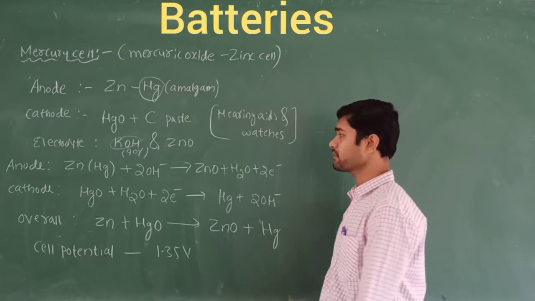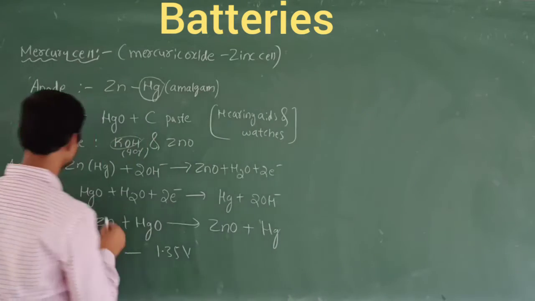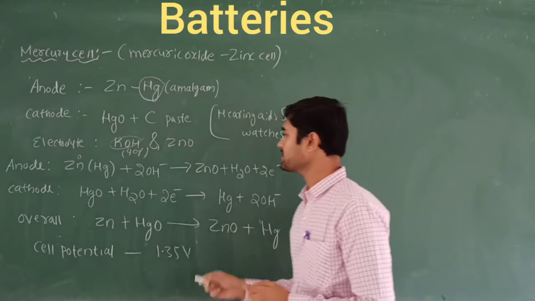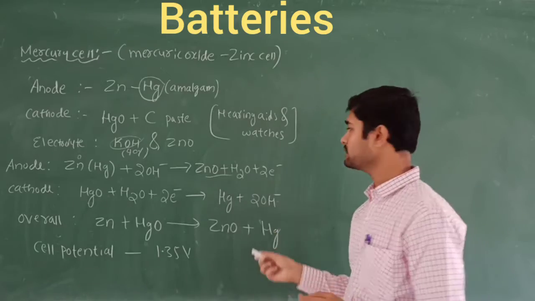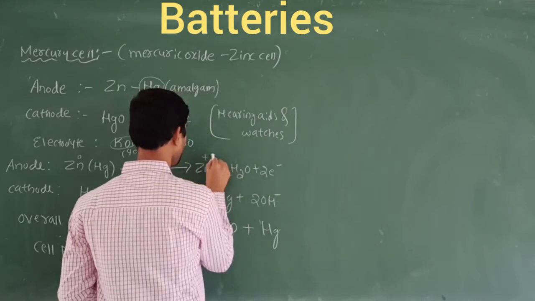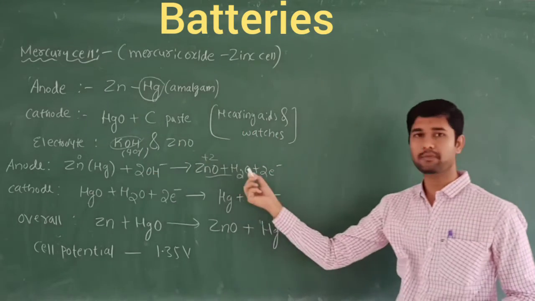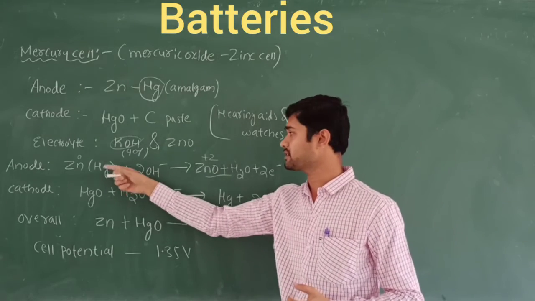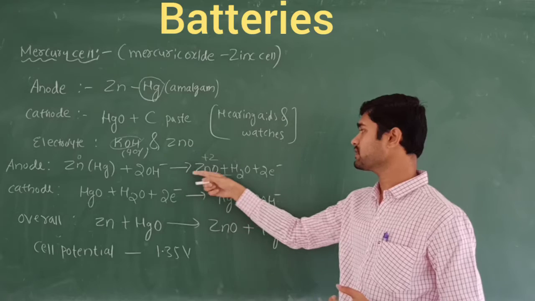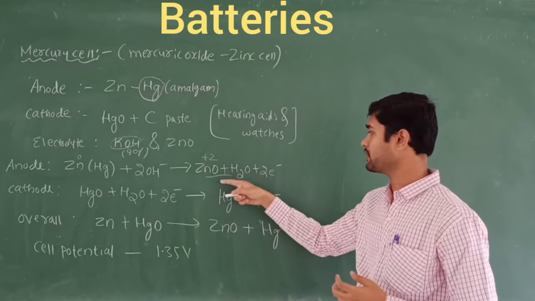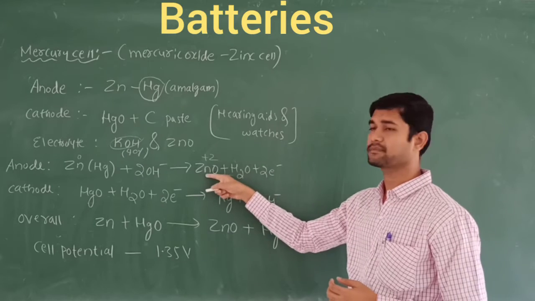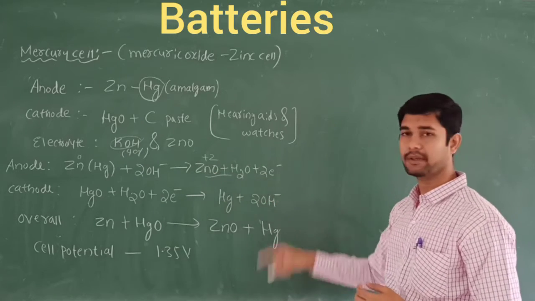Here zinc is in the 0 oxidation state, but on the right side it becomes +2. From 0 to +2 means a loss of 2 electrons. That's why this is the anode reaction: zinc plus 2 hydroxide ions gives zinc oxide, plus water molecules and 2 electrons. Those 2 electrons come from the zinc metal.